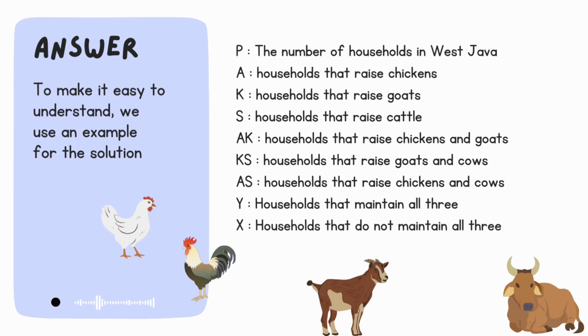KS is households that raise goats and cows. AS is households that raise chickens and cows. Y is households that maintain all three. X is households that do not maintain all three.